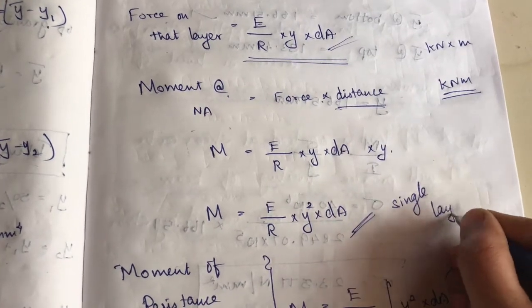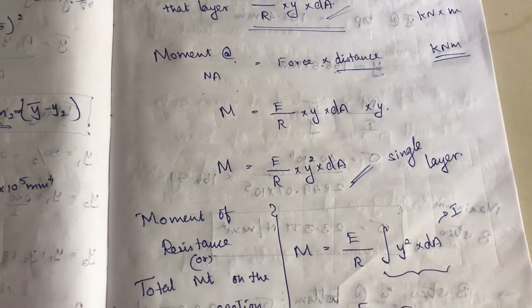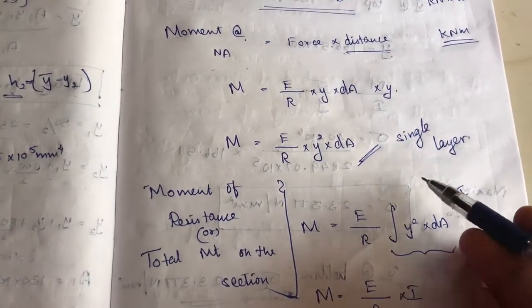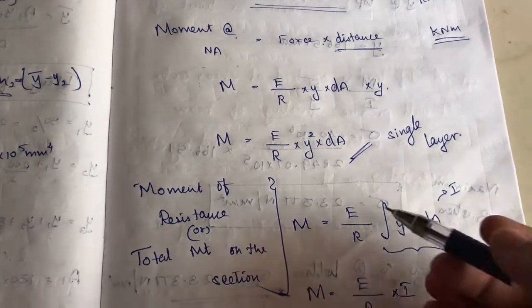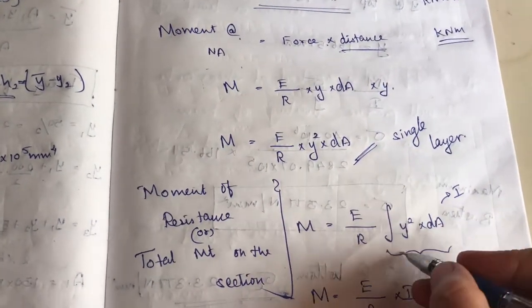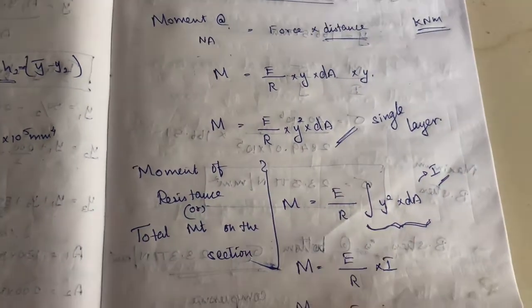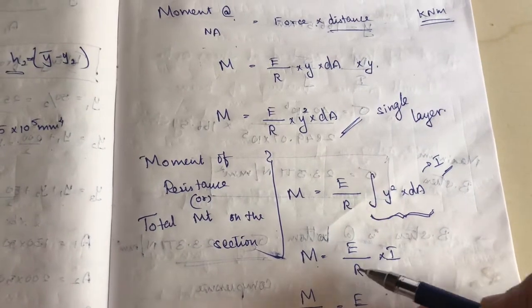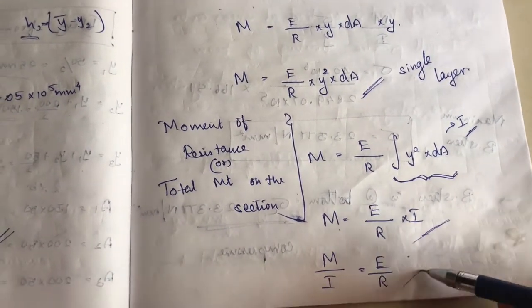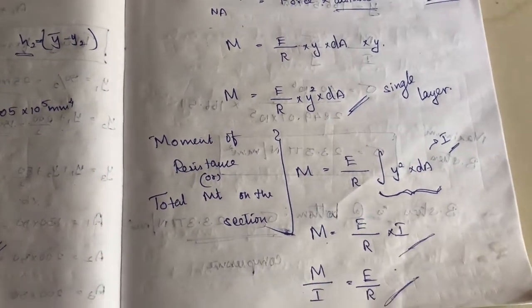We need to find it for the whole section. So the moment of resistance, or the total moment on the whole section, will be obtained by taking the integral: E by R into integral of Y square dA. This integral part is nothing but the moment of inertia. So we can easily write M is equal to E by R into I. So we have found another relation.